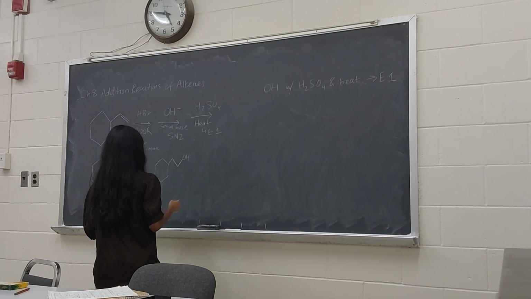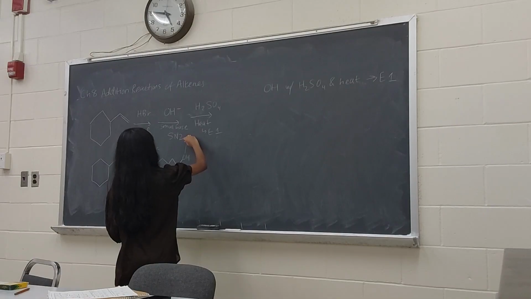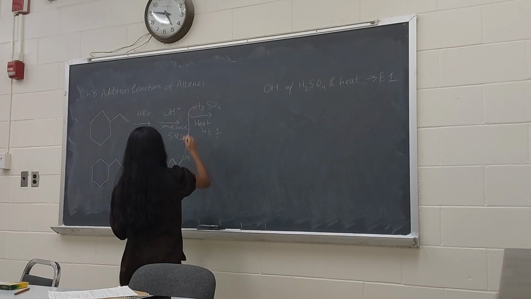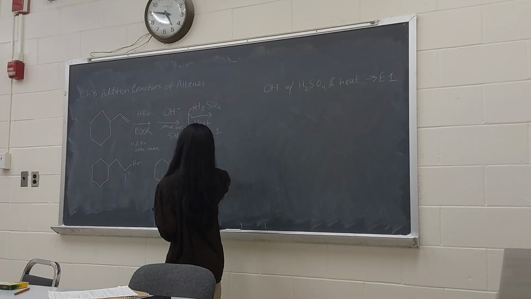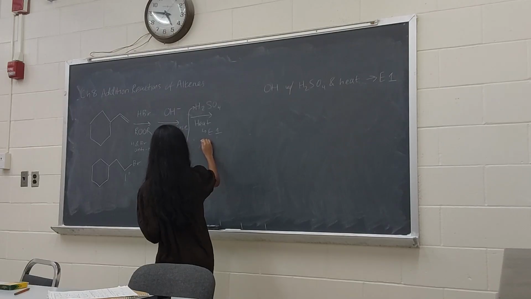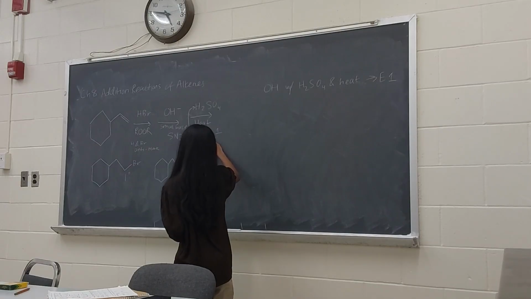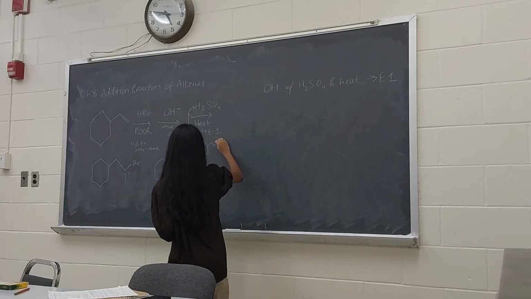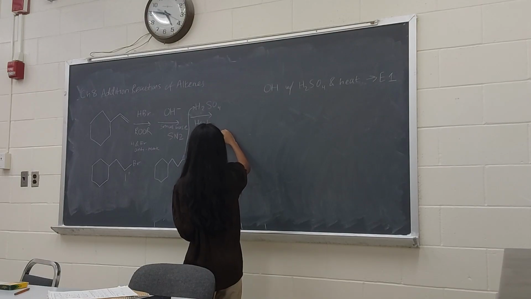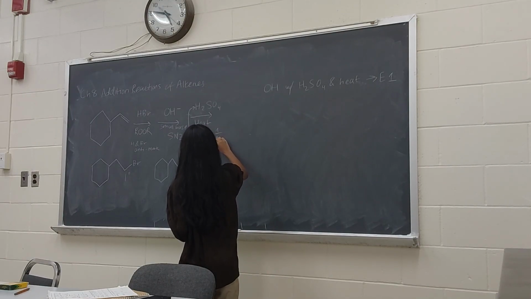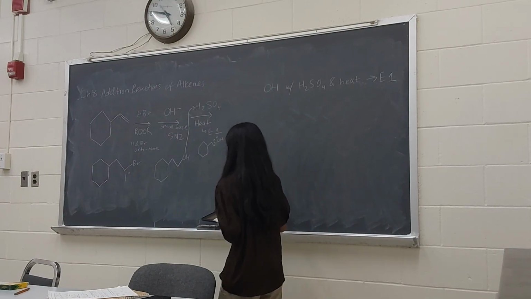And the steps for this are, we are going to protonate this OH, because OH is not a good leaving group, so we want to make it water first. So it'll get a hydrogen from there and then be a good leaving group. It'll leave.